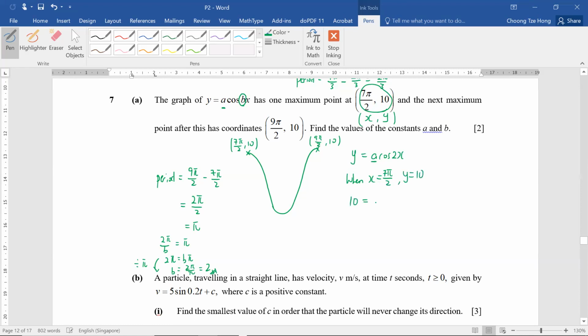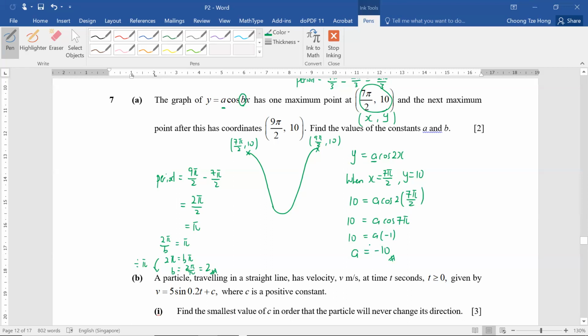So 10 will be equal to a cosine 2 times 7 pi over 2, so it will be cosine 7 pi. If you compute cosine 7 pi with your calculator, you realize that it's negative 1. In other words, a will be negative 10.